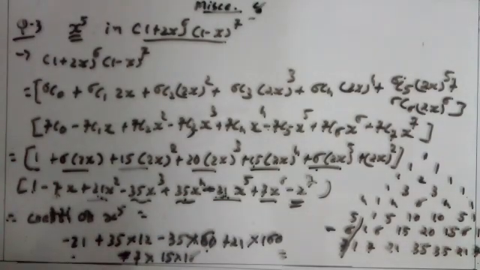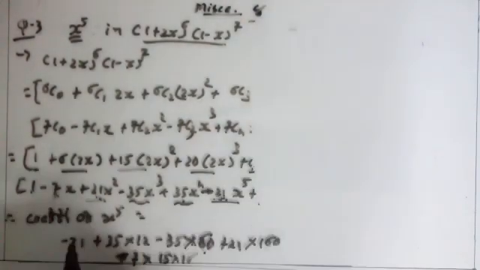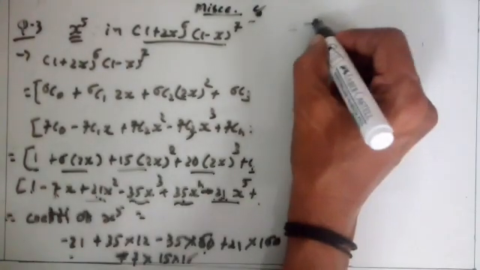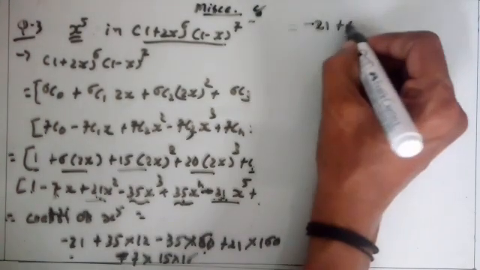So here it becomes minus 21. Using a calculator, find this plus 420.